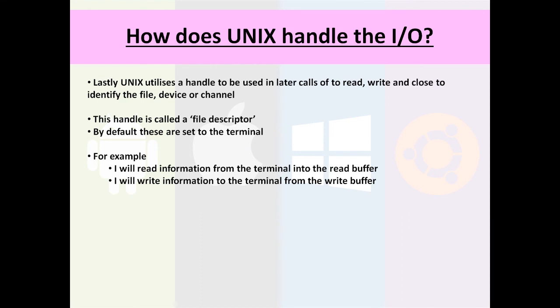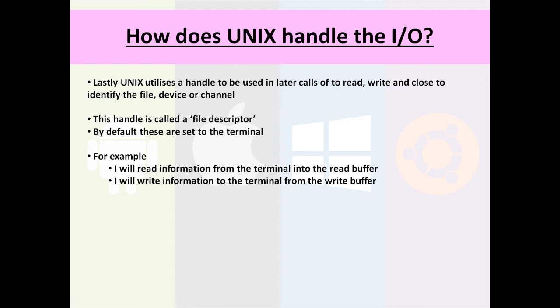Now, lastly, Unix utilizes a handle to be used in later calls of read, write, and close to identify the file, device, or channel. I spoke about this before, but this handle is basically called a file descriptor. And by default, these are set to the terminal.